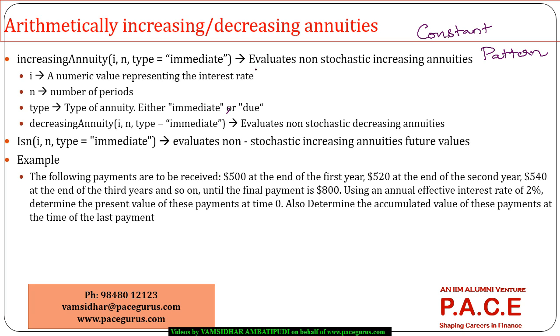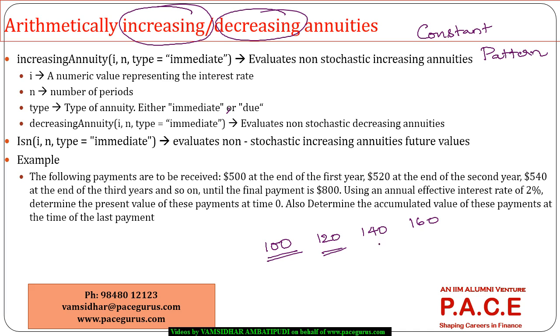One of the most common patterns is that it is either increasing arithmetically or decreasing arithmetically, which means instead of paying 100 every year, the payment would go like this: 100, 120, 140, 160. This is what we call an arithmetically increasing annuity.